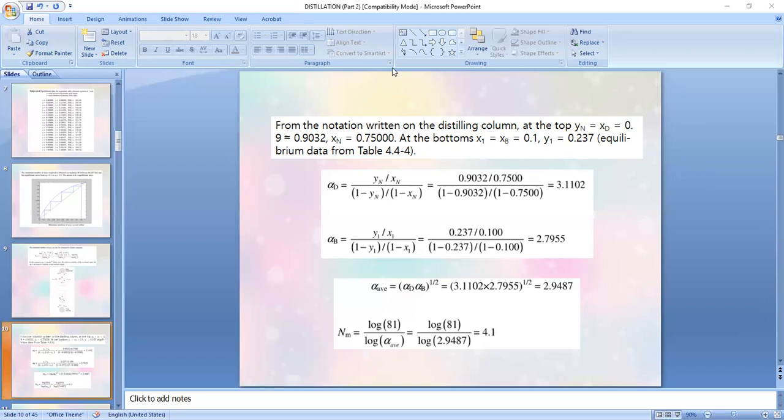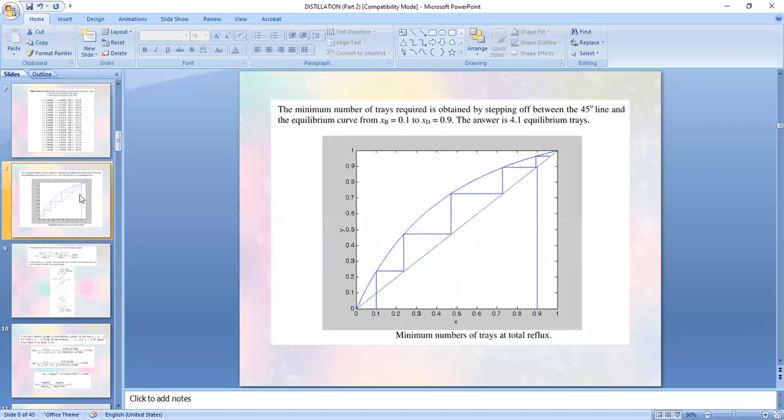Very good, Jericho. You're going to get it from the curve. Isn't this the curve? This is the curve. Now, if the problem says that you have a distillate which is 0.9, allow me to project this. Let's see if you can see. And I will annotate. If it's 0.9 for the distillate, it is vapor, right? Distillate is vapor. So you go here, go there, go to your curve.